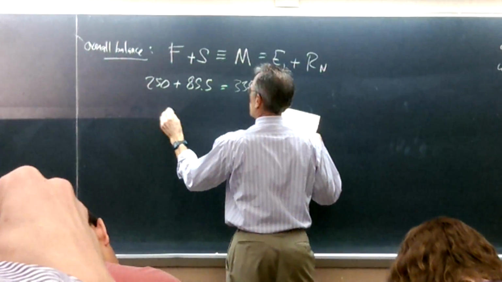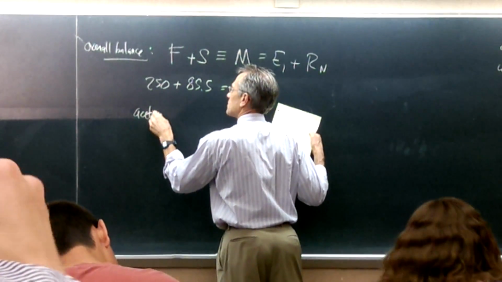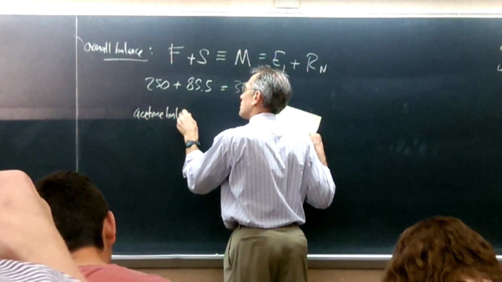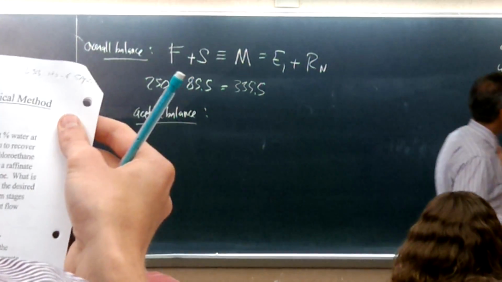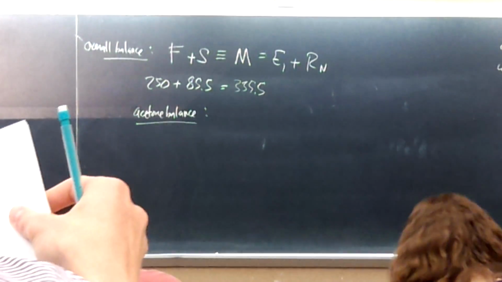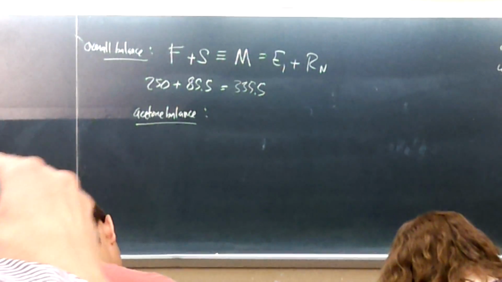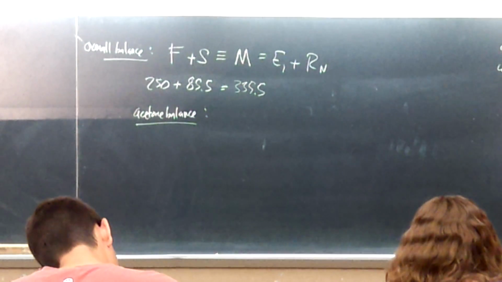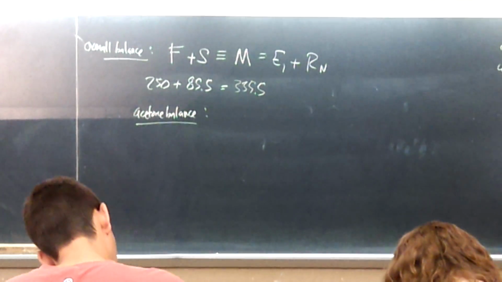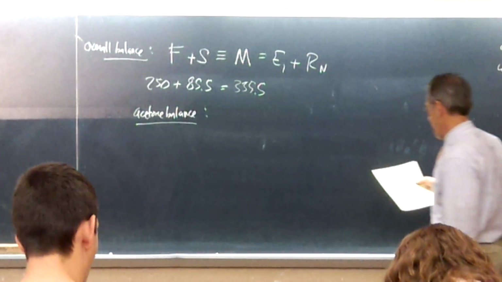We do an acetone balance. That's our solute. Okay, so again, the idea is to extract the acetone out, and basically use our chlorinated solvent to extract the acetone.